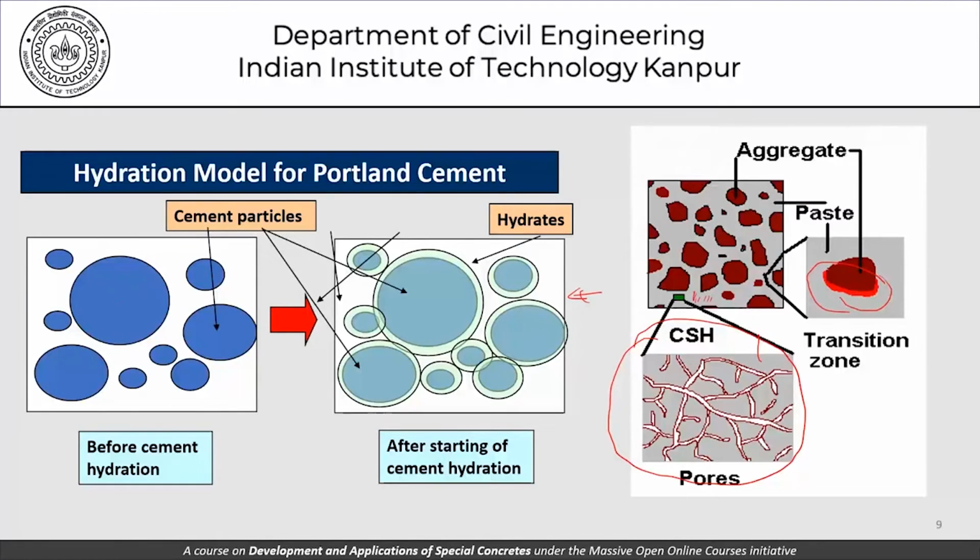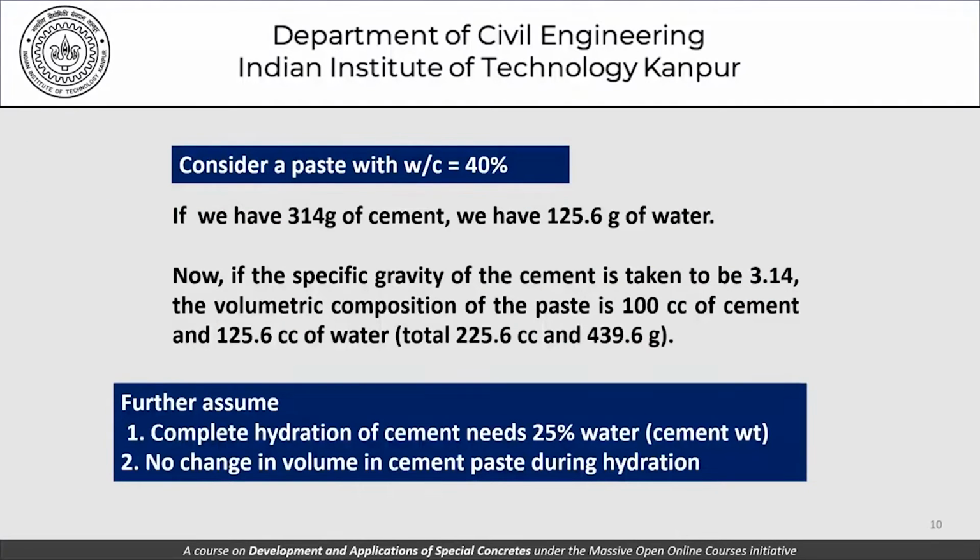Now let's take a numerical example. The numerical example says that if we have a water cement ratio of 40%, what does that tell us? That we have, let's say, 314 grams of cement. And for that, if we use 40% water cement ratio, we have how much of water? 125.6 grams of water.